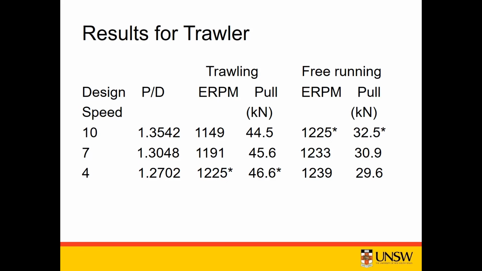Some owners want the best performance when they're steaming or free running. They want to be able to get back home to port and unload the fish as quickly as possible. They don't care so much about the actual pull when they're trawling. But then a compromise design is the design in the middle. It gives you better performance in one area and better performance in another.